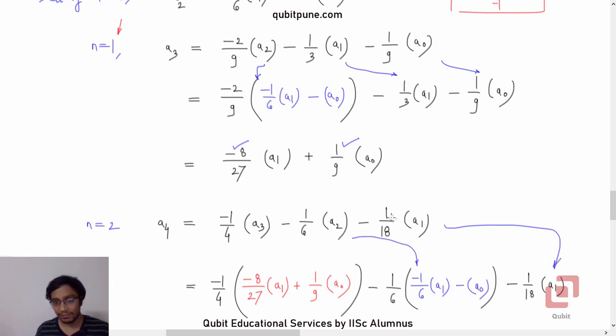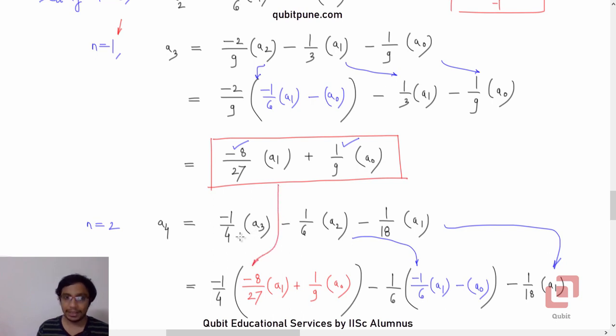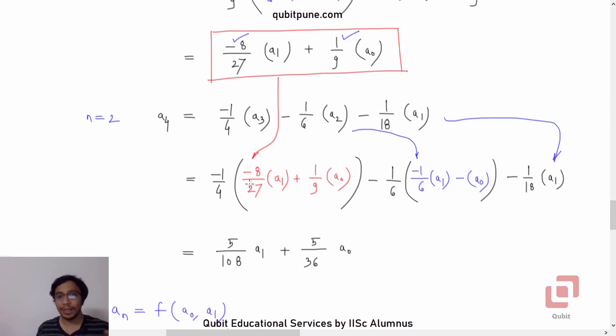Replace a2 by the old relation, as we did for a3, negative 1 upon 6 a1 and minus a0. And now use the relation obtained here for a3 and put it here for a3. So again we have successfully managed to write a4 in terms of a1 and a0, haven't we?